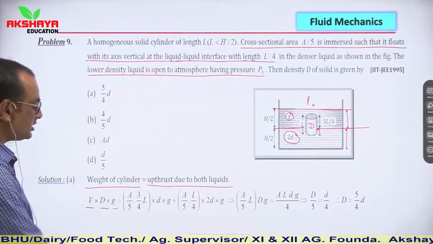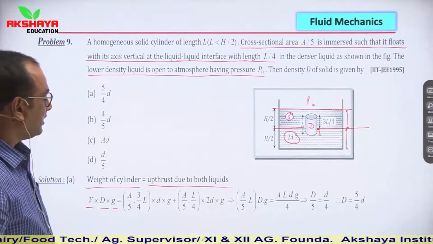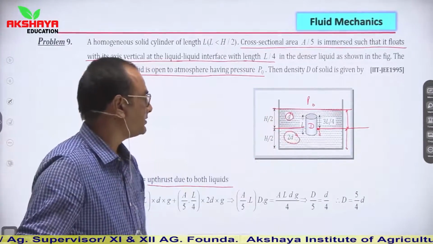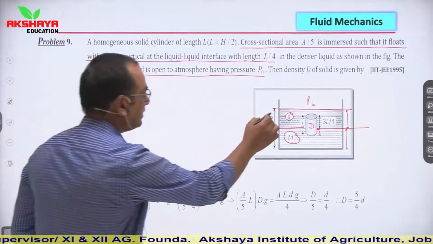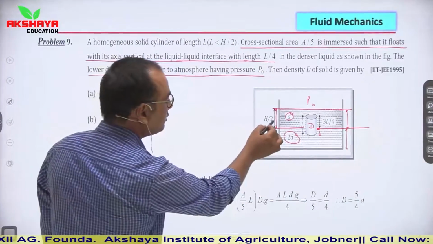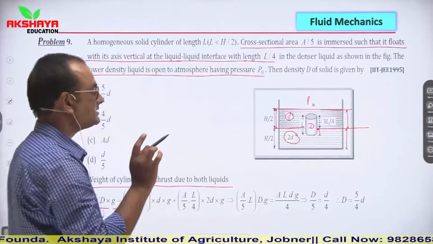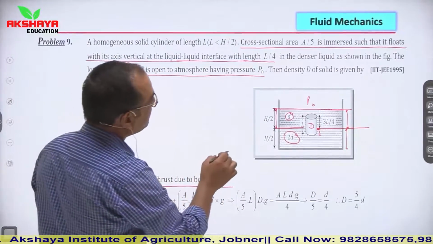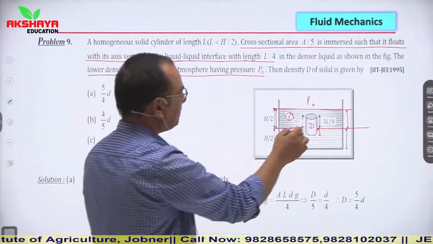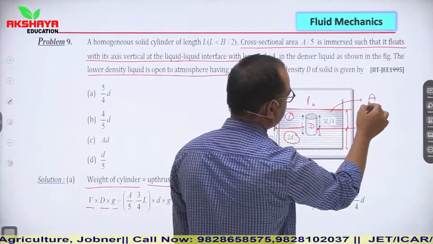So VDg is equal to, now see, the volume displaced by each liquid. In the upper liquid, the volume can be said as area into length. The area is the cross-sectional area A by 5, and it is immersed here.